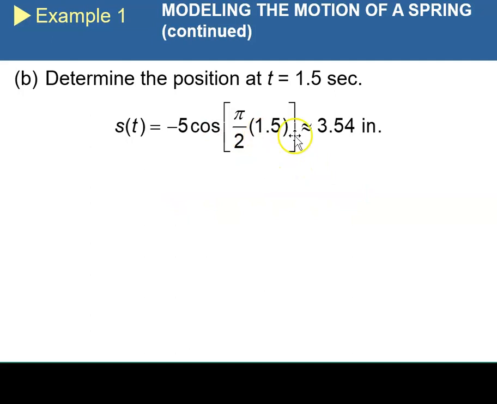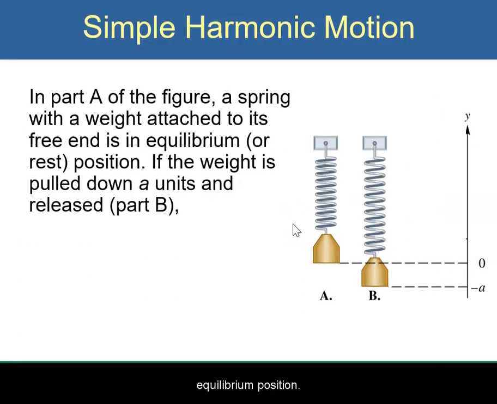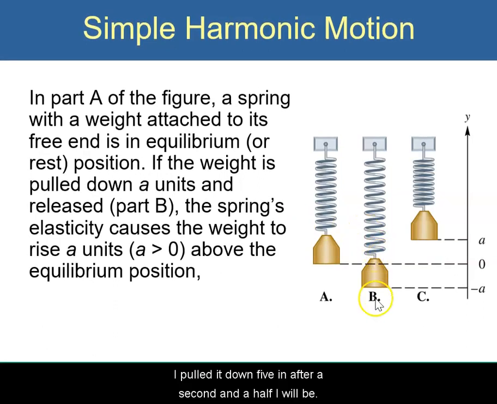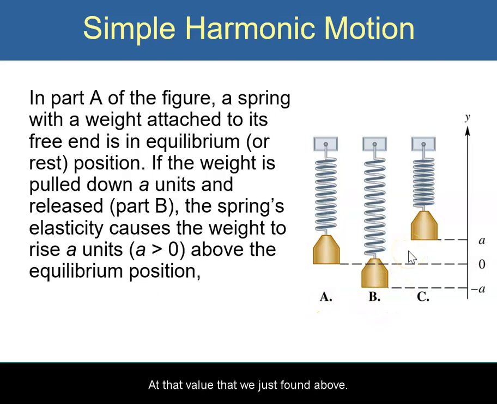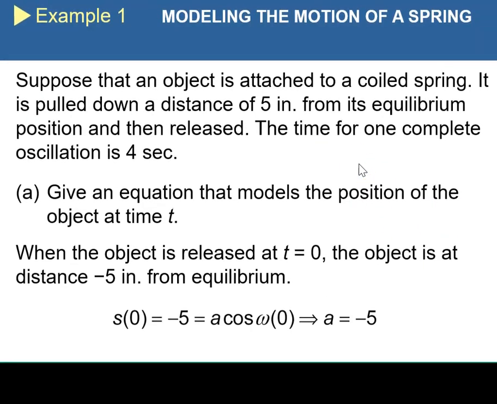Okay, plug this in and get 3.54 inches. Notice that my value is positive. That means that I will be above the equilibrium position. Okay, so if I pulled it down 5 inches, after a second and a half, I will be at that value that we just found above the equilibrium position because my value is positive.